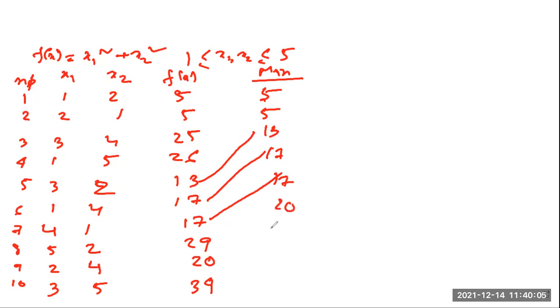Next is 25, then 26, then I think 34. Now one value is left: 29. Correct, so this will be 29.